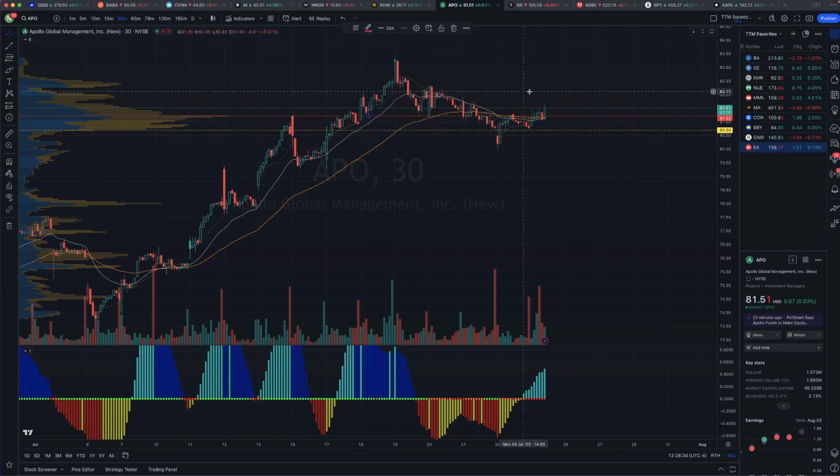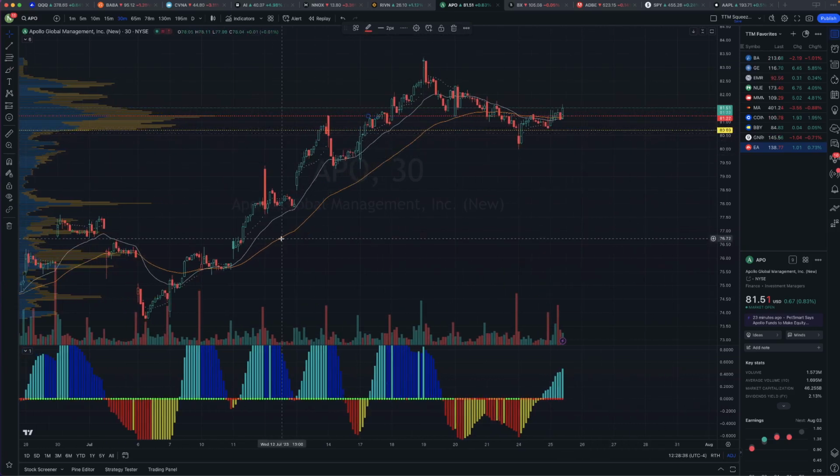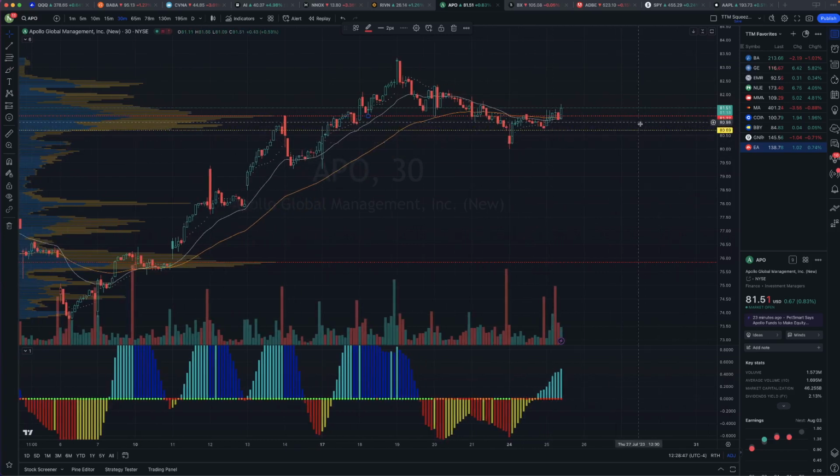I feel like anything below that, and you're looking for a little bit of a collapse, as you see there's not a lot of volume below that. So that's kind of a ledge. You see a breakdown and reclaim there, which is bullish.